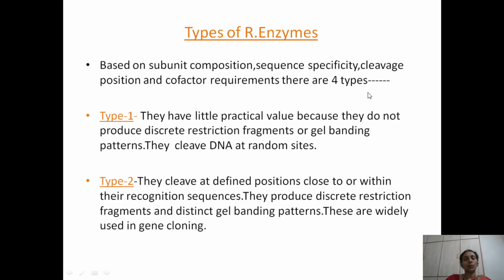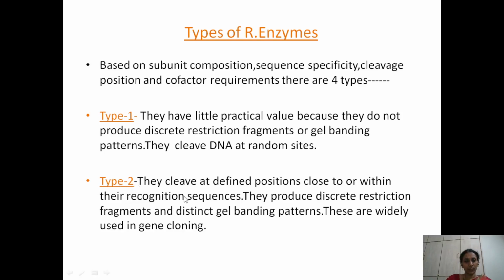That is, they do not cleave at restriction sites or target sites. They cleave as and wherever they want, that is at random sites. They do not cleave at a particular site. That's why these are not much used in practice, that is, they are not used in DNA technology.